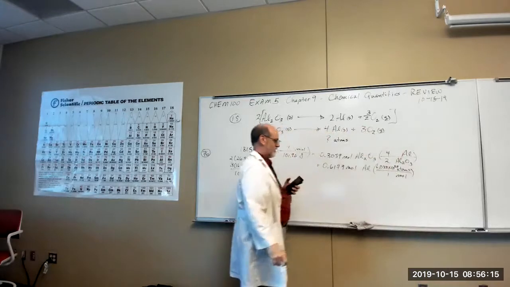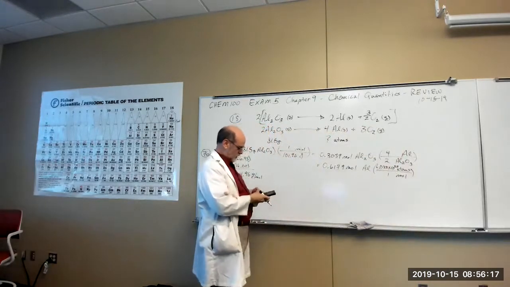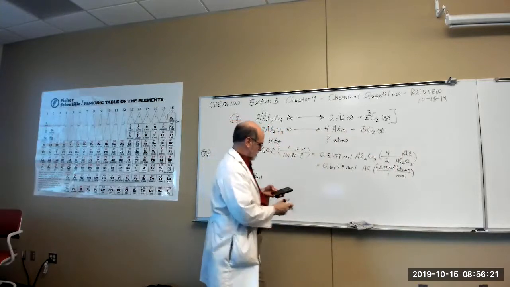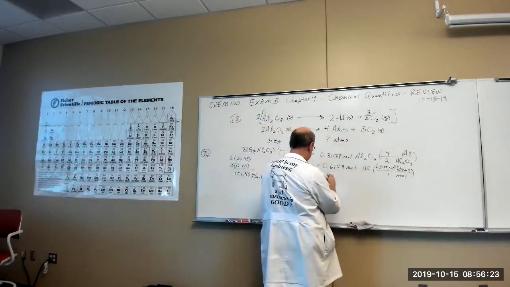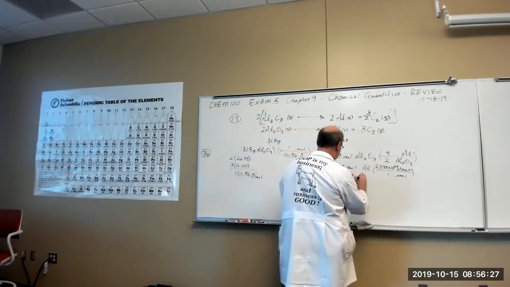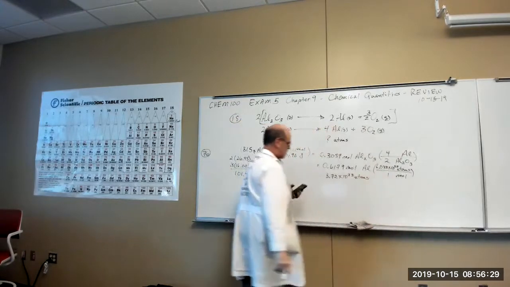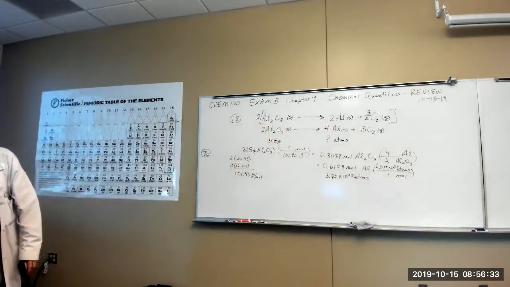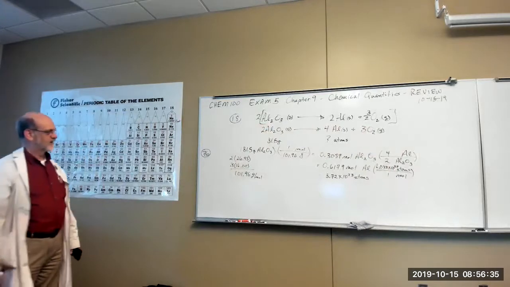There you go. So Avogadro's number gives us 3.72 times 10 to the 23rd atoms. Now let's see if that was one of our selections. Yeah, it turns out to be A.